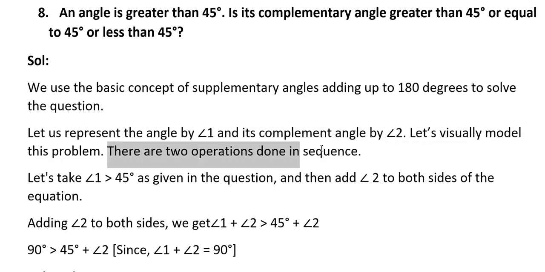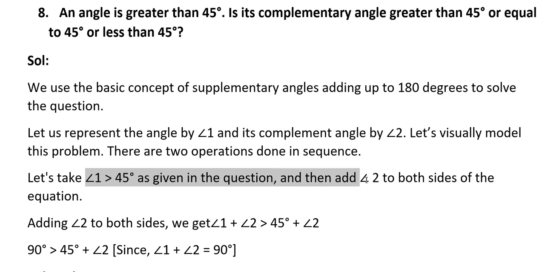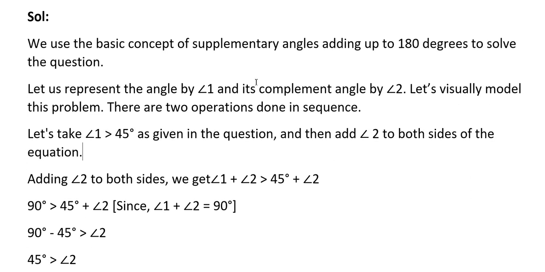There are two operations done in sequence. Let's take angle 1 greater than 45, as given in the question. Then add angle 2 to both sides of the inequality.